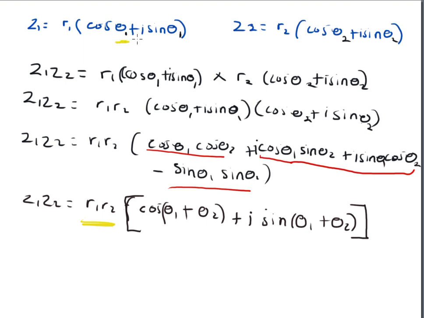So the argument of cos, the angle of cos, adds to the angle of the cos in the other expression, and we do the same for the sine also. Hope that's clear. So this is actually the proof. You can be given this and asked to prove it. It's quite simple.